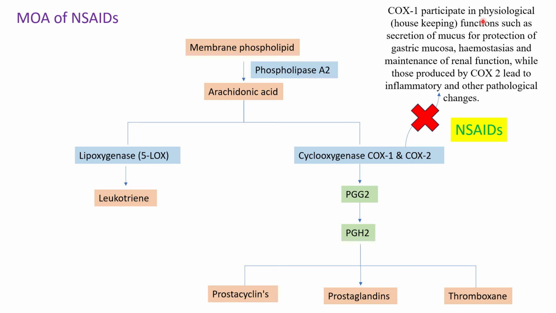Because COX-1 participates in physiological, housekeeping functions such as secretion of mucus for the protection of gastric mucosa, homeostasis and maintenance of renal function, while those produced by COX-2 lead to inflammatory and other pathological changes. That's why when we use the traditional NSAIDs, there will be side effects related to the GIT.